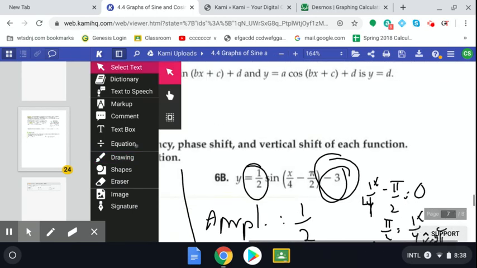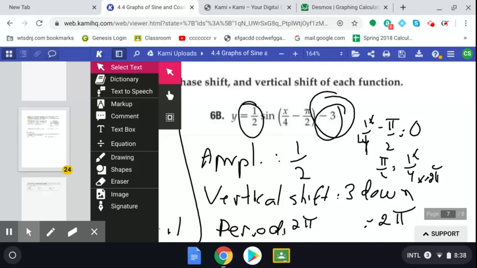So let's go ahead and enter this in the graphing calculator so it's clearer.